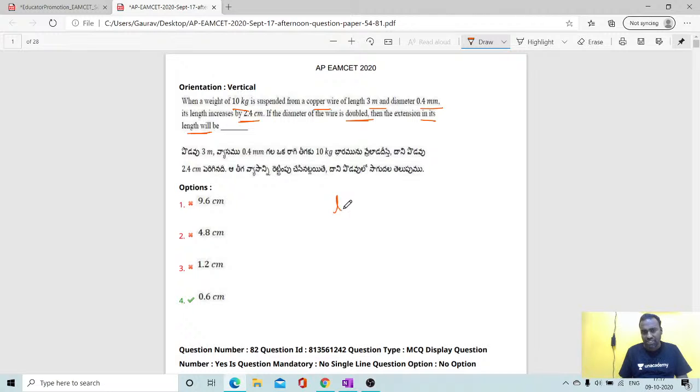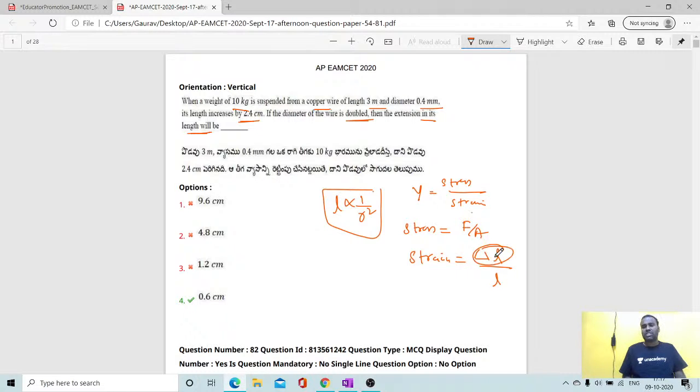See here that extension is inversely proportional to r square. If you observe this concept, Young's modulus is equal to stress upon strain. Here stress is nothing but force by area, and strain is change in length by original length.